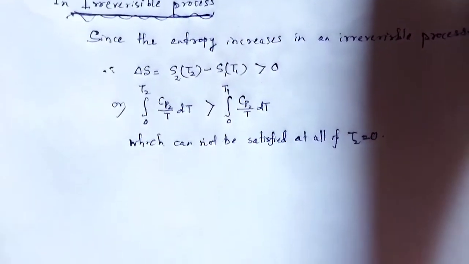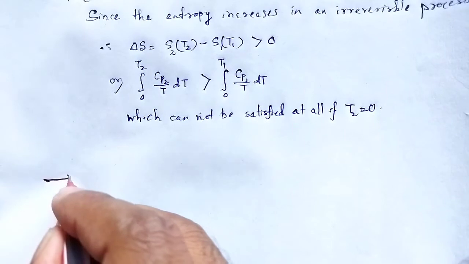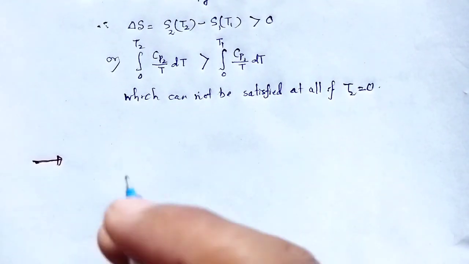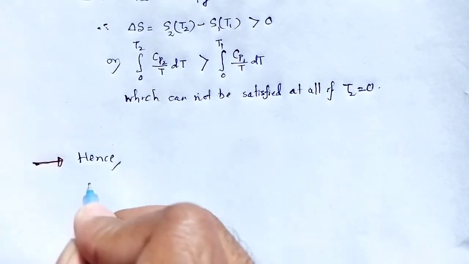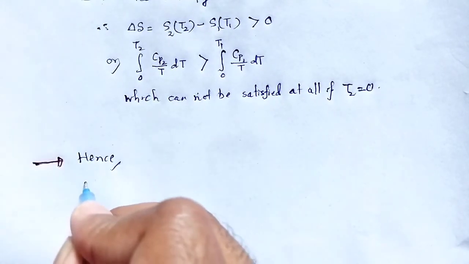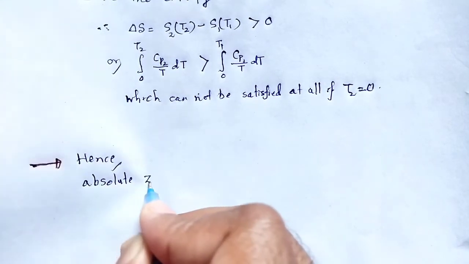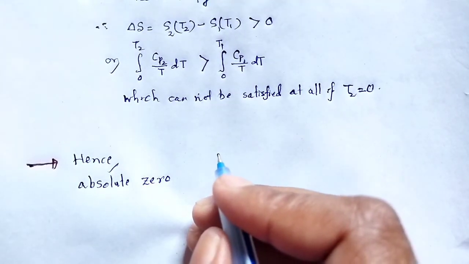So, finally, a conclusion is drawn here: absolute 0 is unattainable.